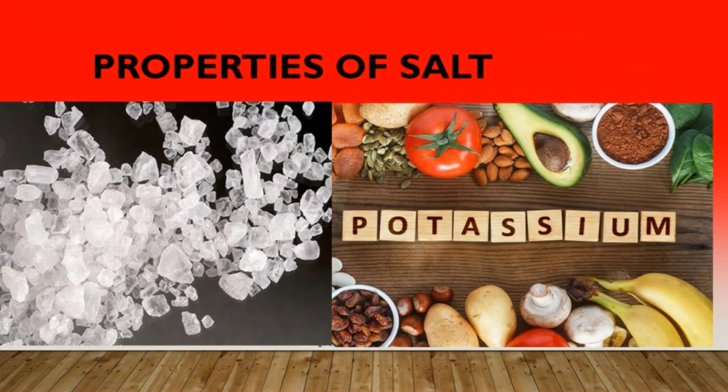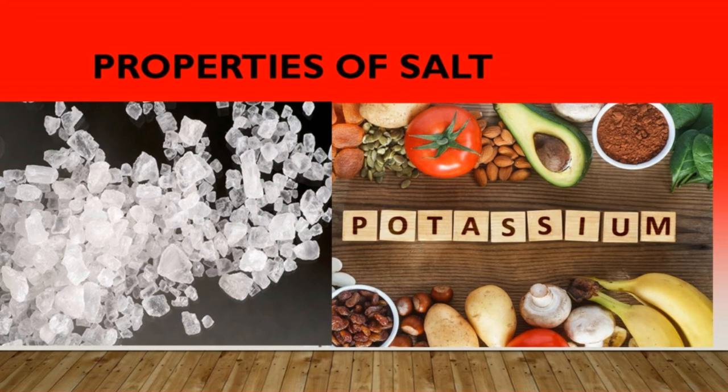Properties of salt. Salts are mostly solid. They will not be in liquid state. When you heat at high temperature, they melt. Most of the salts are soluble in water. For example, chloride salts of potassium and sodium are soluble in water.